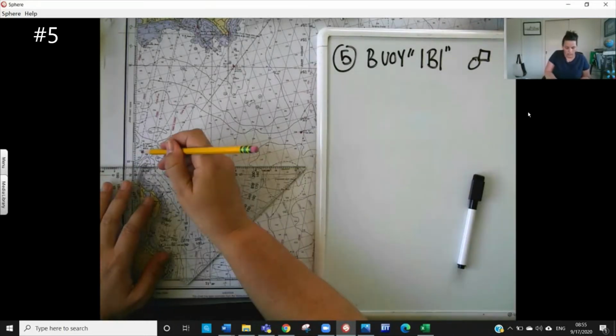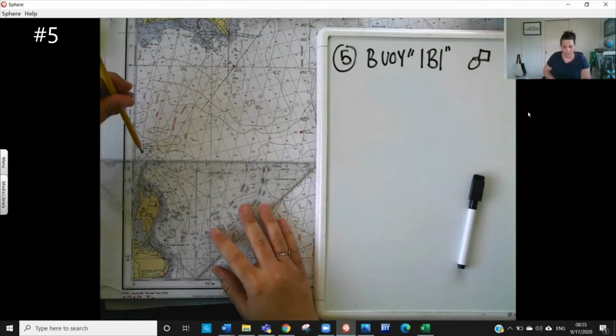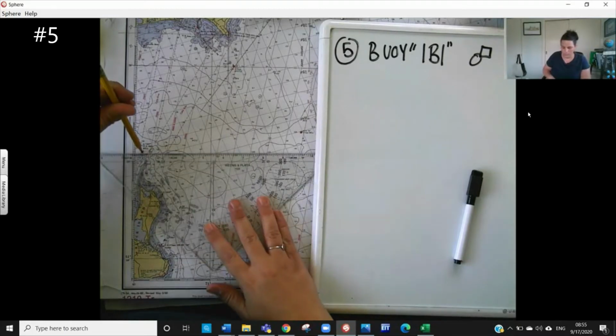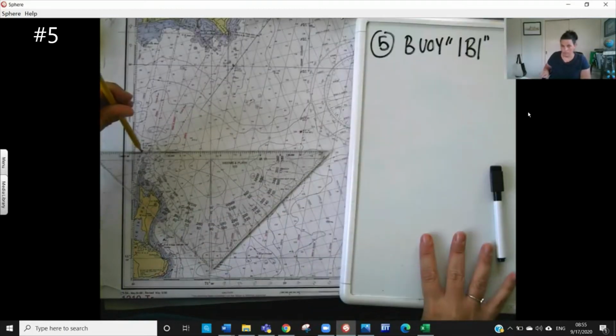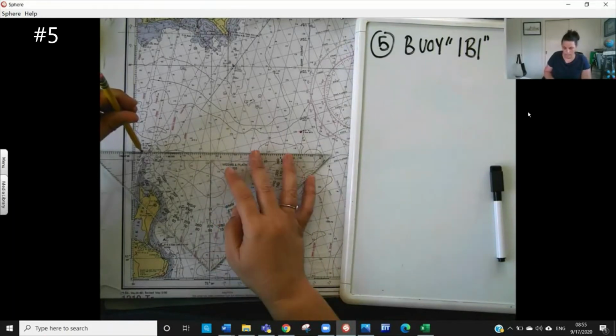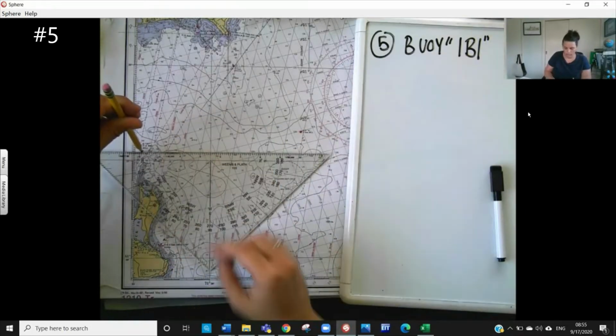We are very close to the latitude line, so I'm going to make sure I draw a straight line by making a perpendicular line. So I have a perpendicular line, so I know that this is parallel to all of the other parallels.